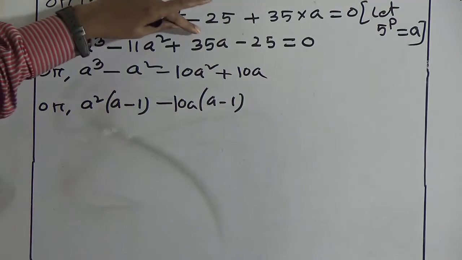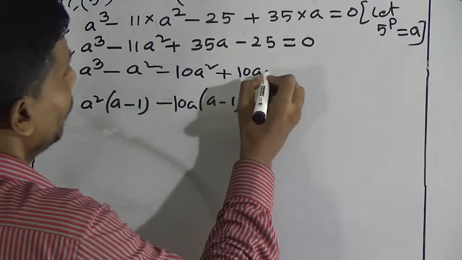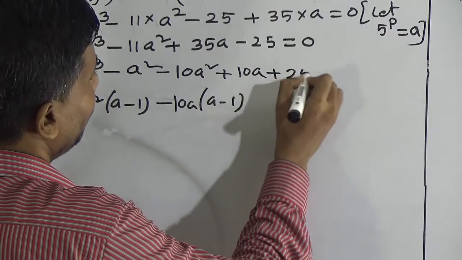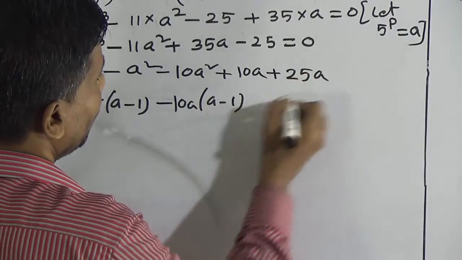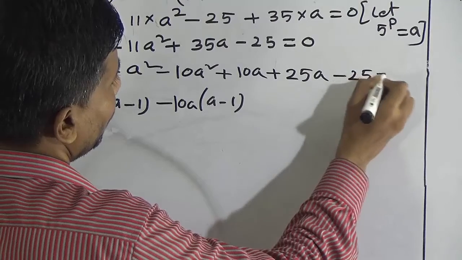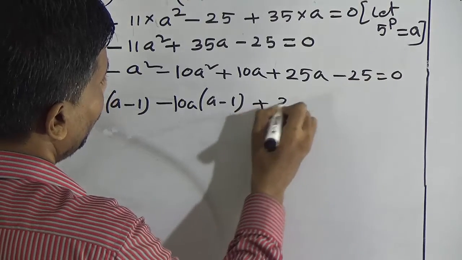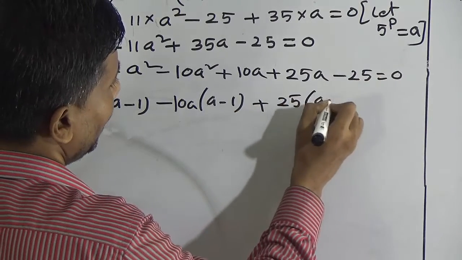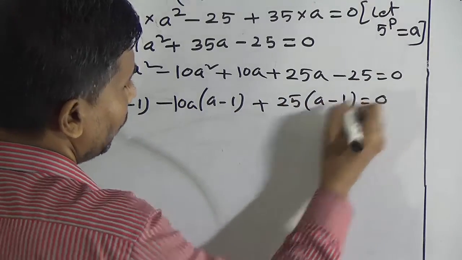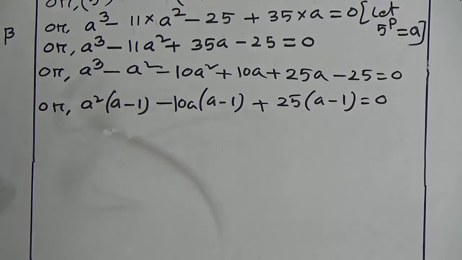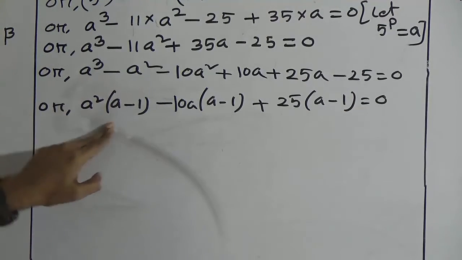But look here, this is 35. So we need 25 again. Minus 25 equal to 0. Then 25 is the common, a minus 1 equal to 0. Student, look here, between this and this, a square is the common, then we get a minus 1.